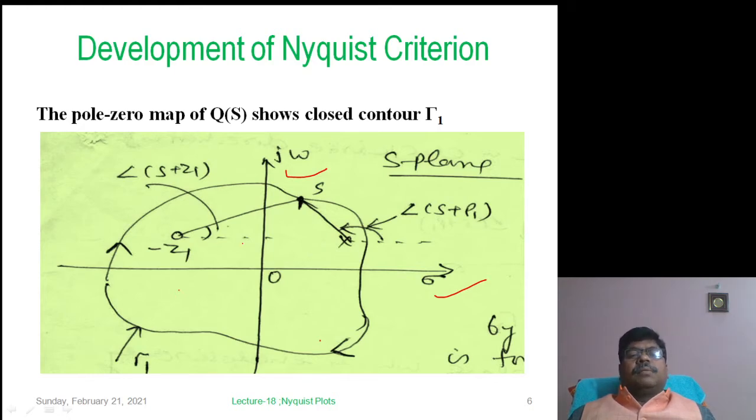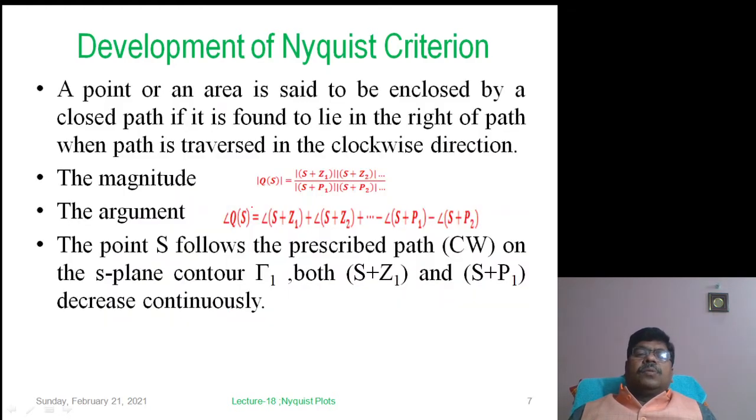That will subtend an angle of (s plus z1) and an angle of (s plus p1). If it moves in the clockwise direction, the zero will subtend an angle of minus 2 pi, while the pole will also subtend an angle of minus 2 pi.